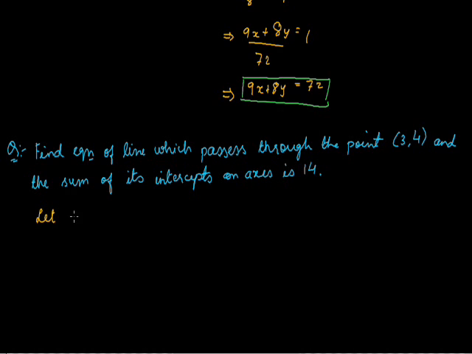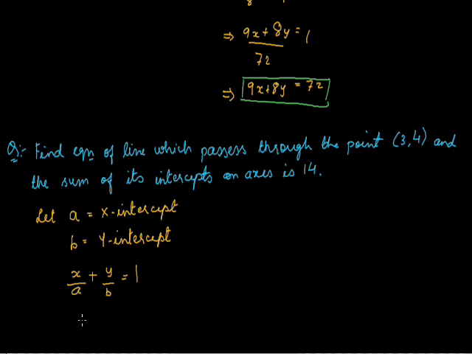Let's say A is the x-intercept which the required line makes with the positive direction of the x-axis, and B is the y-intercept which the required line makes with the positive direction of the y-axis. Hence, the equation of the line becomes x upon A plus y upon B is equal to 1.